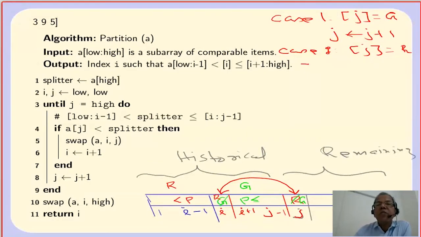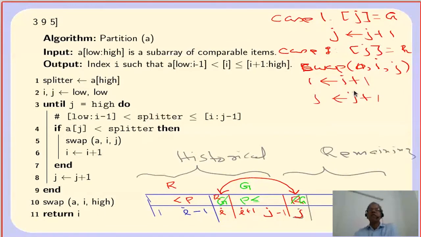What I have to do is swap the items at i and j, and then I have to increment both. i becomes i plus 1, j becomes j plus 1. That's it. That's the crux of the algorithm, and that is what I have written here.